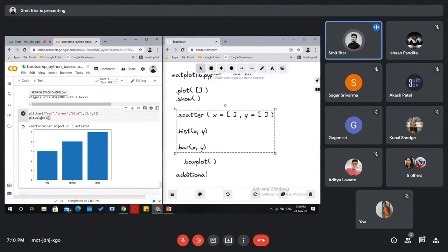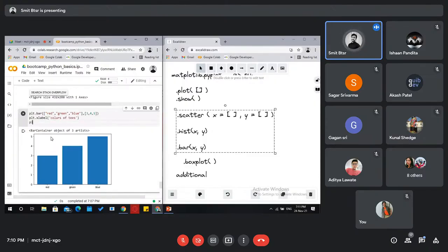For x, the color of t-shirt, or just color of tees. Then on the y-axis we have ylabel, name it number of people.